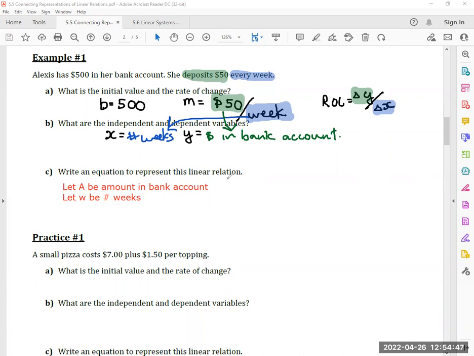And as a reminder, the A, the amount in the bank account, is my Y value. W, number of weeks, is my X value. Y is equal to MX plus B. That means my final amount is equal to rate of change times number of weeks plus initial value.